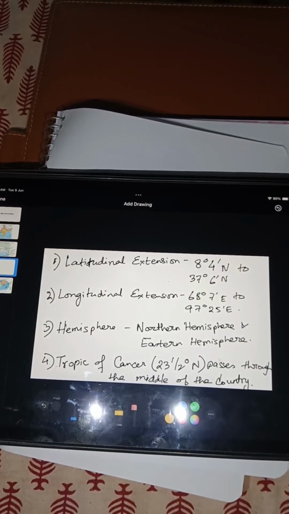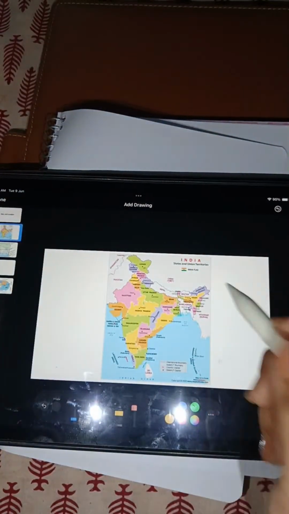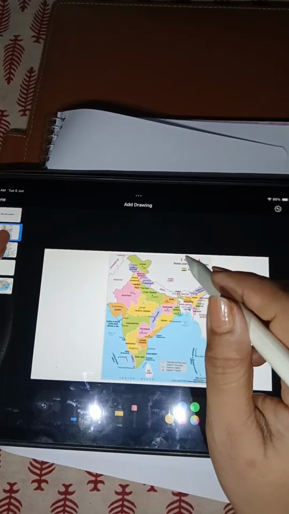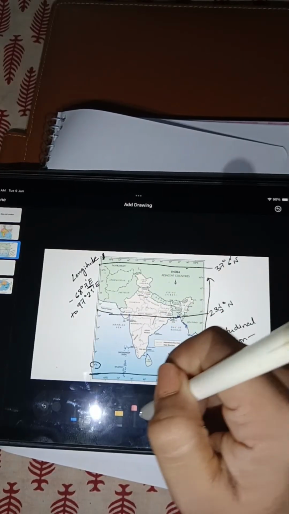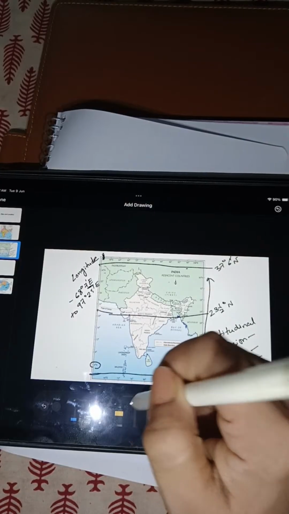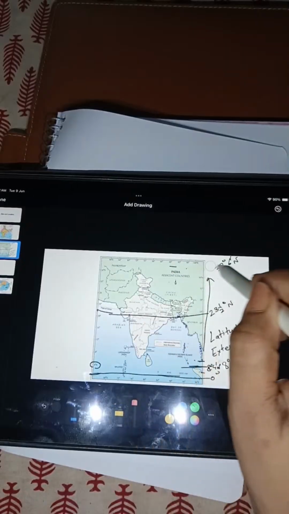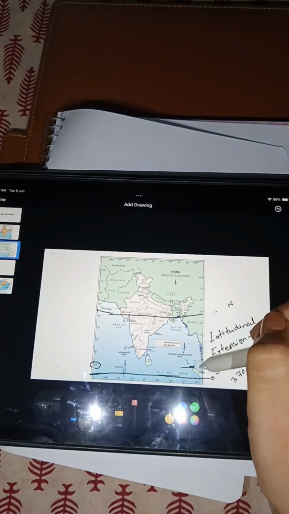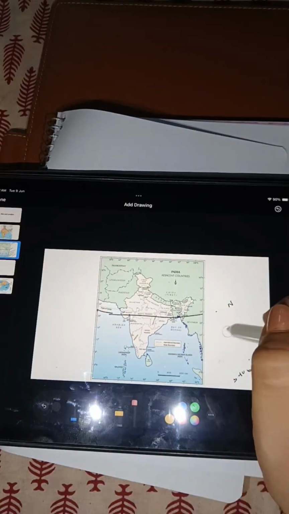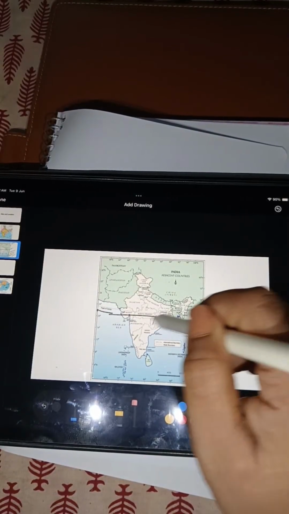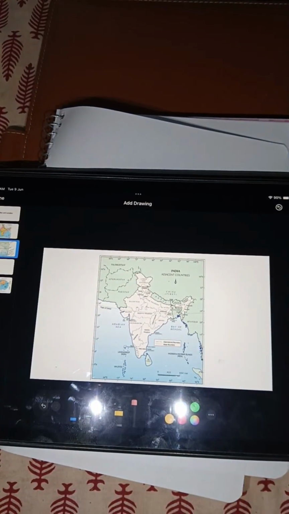Now next I will be covering the boundaries of India. Here we can see the boundary, or let's take this map. So the latitudinal extension and the longitudinal boundaries are there, what we discussed just now.